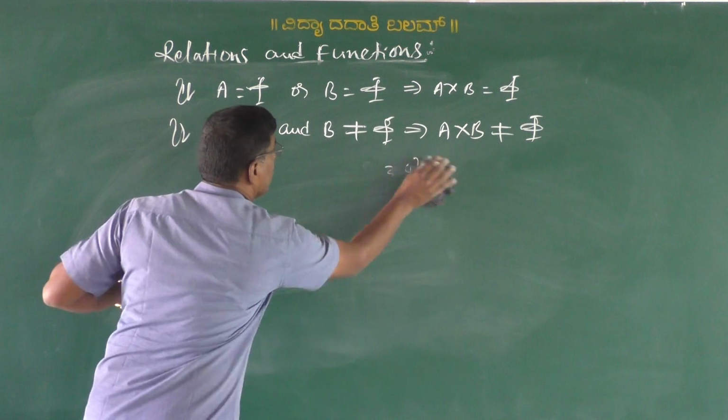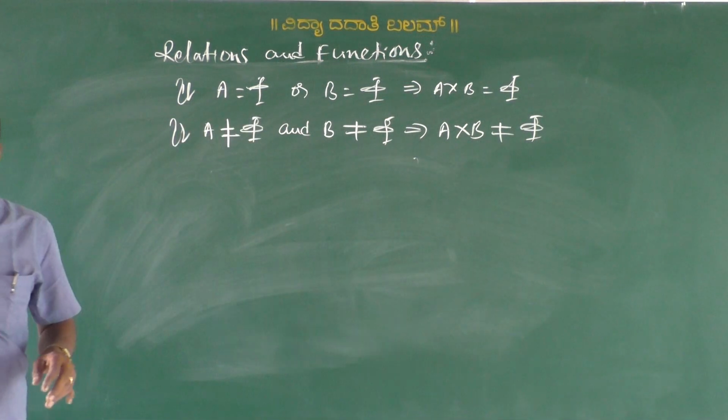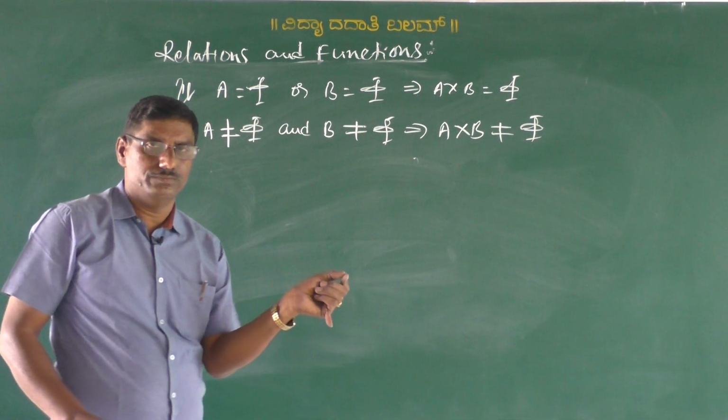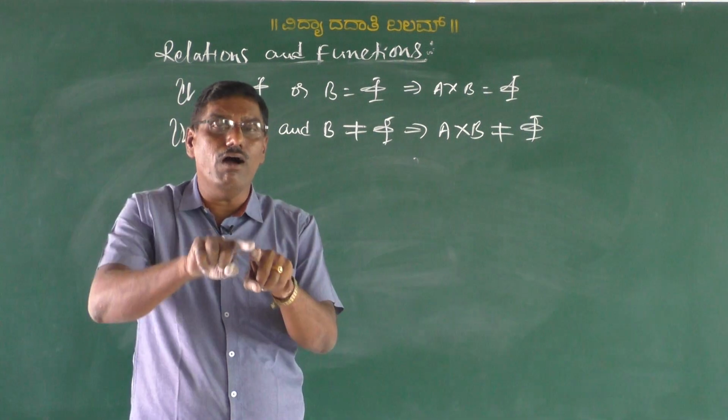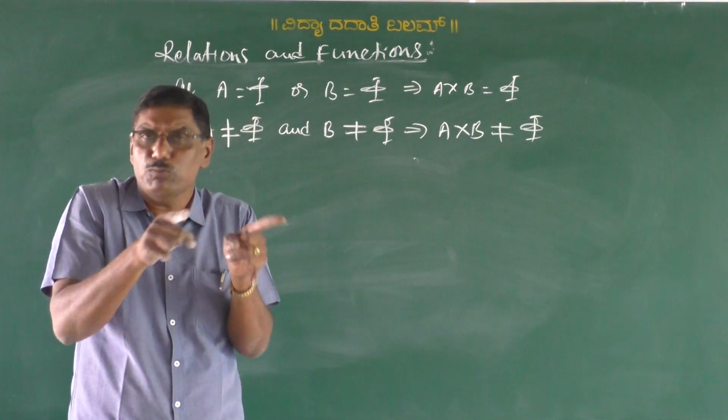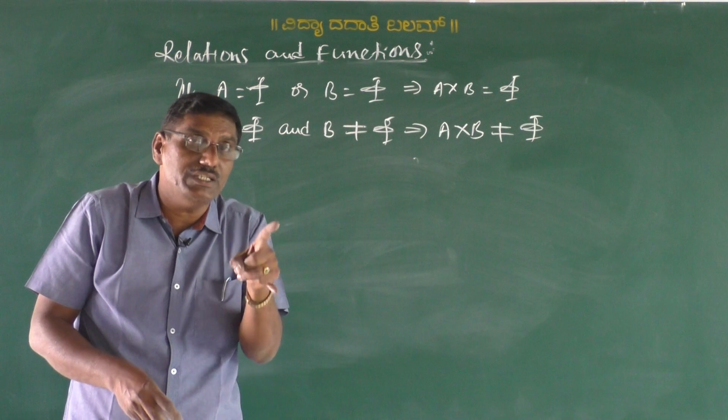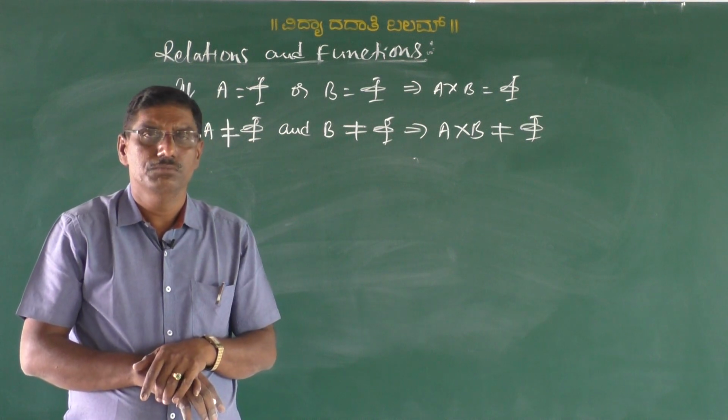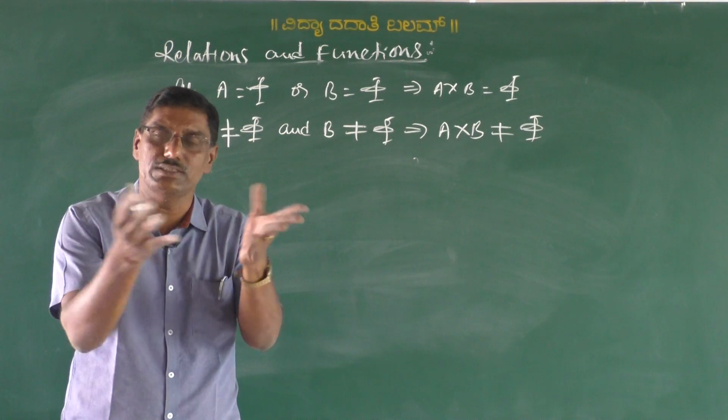Next we have to move on to another point. Either A is infinite or B is infinite. That means out of two sets, any one of the sets is infinite. Maybe the other set is finite.